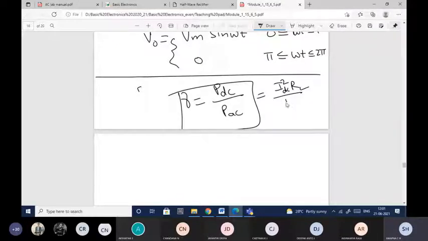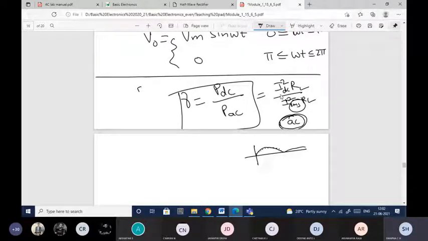In the same way, for the AC quantity I'll not be able to find its exact effective value, because an AC signal is not constant; it is varying, so at different times it will have different values. That is why we find the RMS value of the AC quantity. So I RMS square into RL will give me the AC power.